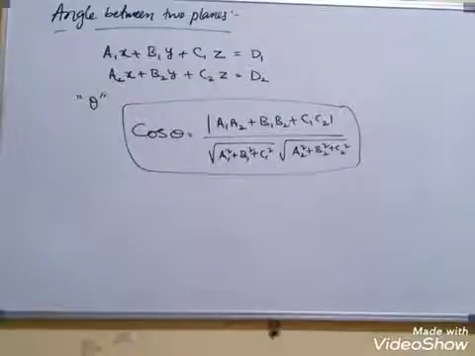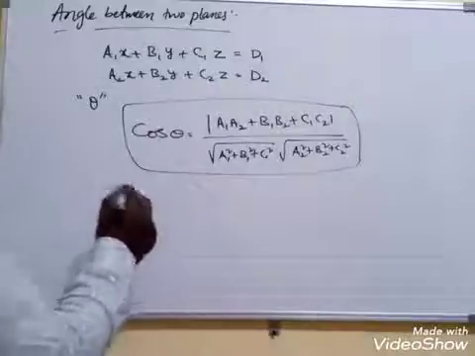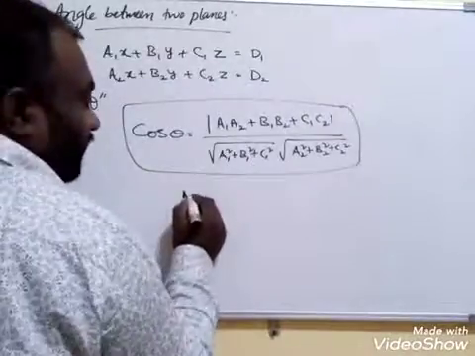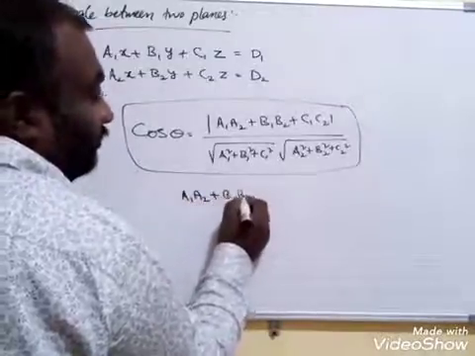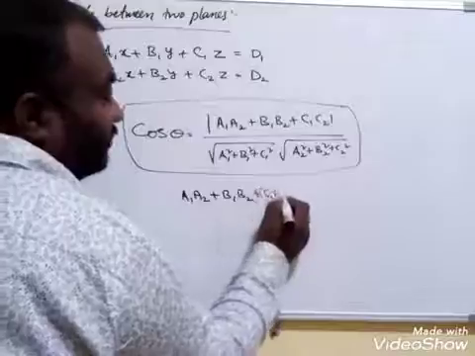Further, if the planes are orthogonal or perpendicular or intersect at a right angle, whatever the word used, that means the angle between them is 90 degrees. Then cos 90 is 0. By cross multiplication, you are going to get a1 a2 plus b1 b2 plus c1 c2 is equal to 0.